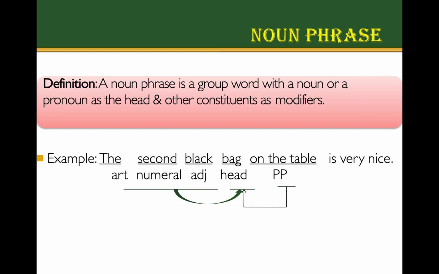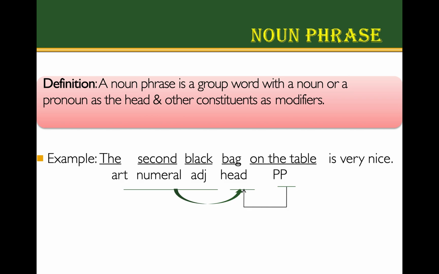Usually we have WH indefinite pronouns like who, whom, whose, which sometimes, and the other indefinite pronouns like someone, somebody, something, anybody, anyone, anything, and so on and so forth.